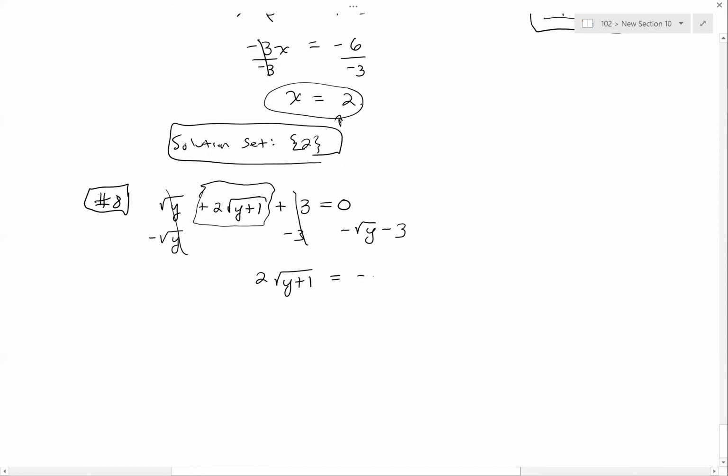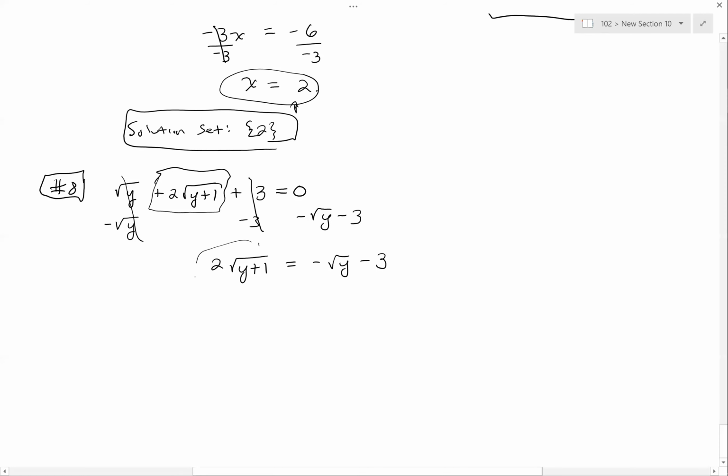That'll be equal to negative square root of y minus 3. Some of you may already notice, if you think about it a bit, and I encourage that, that this is not going to have any solutions. Think about why, and if you can't figure it out, you could ask during lecture.